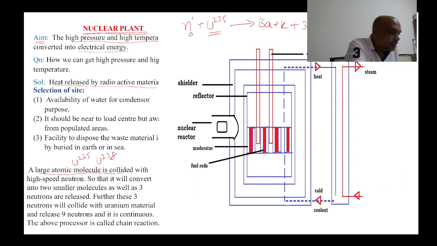Again these 3 neutrons collide with atomic molecules and generate more heat. The heat generated in the plant is cumulatively increasing. This process is called chain reaction.